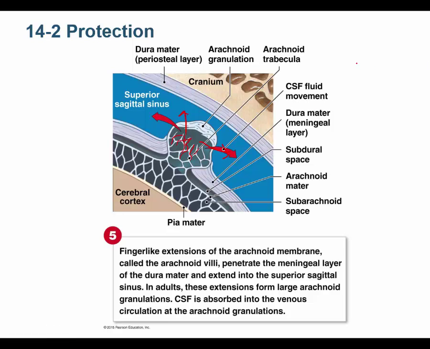And that explains how we can make 500 mils a day, but at any given time only have 150 milliliters of it, because we're constantly reabsorbing it and constantly making it. So a snapshot of our volume of CSF is 150 mils, but overall we make 500 mils a day.